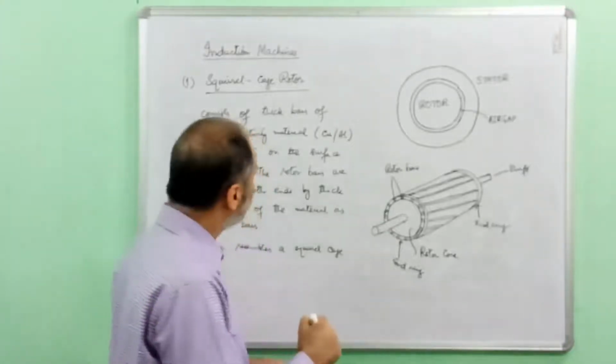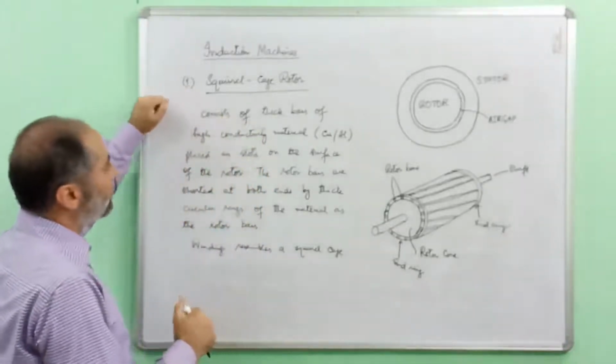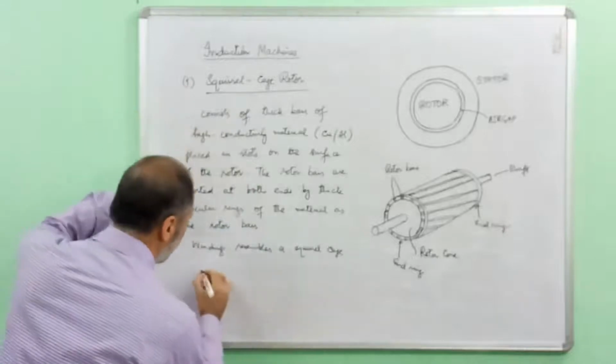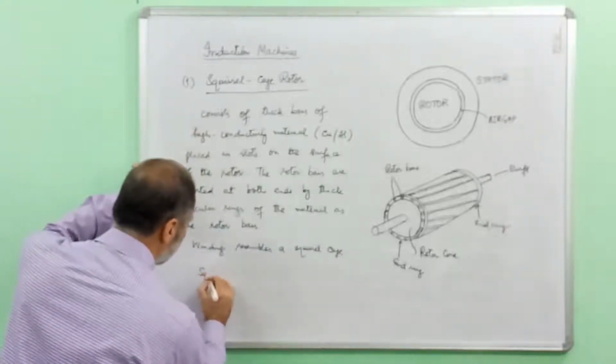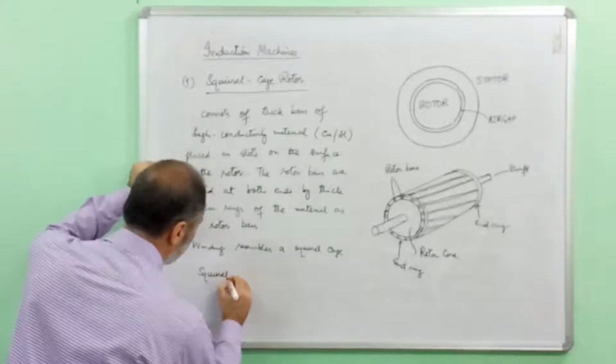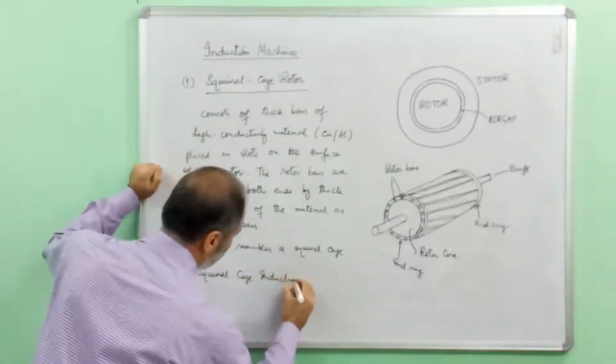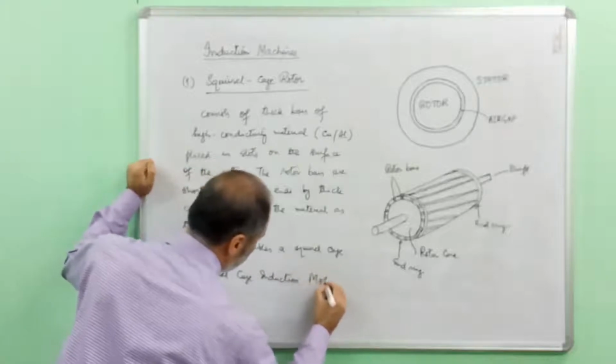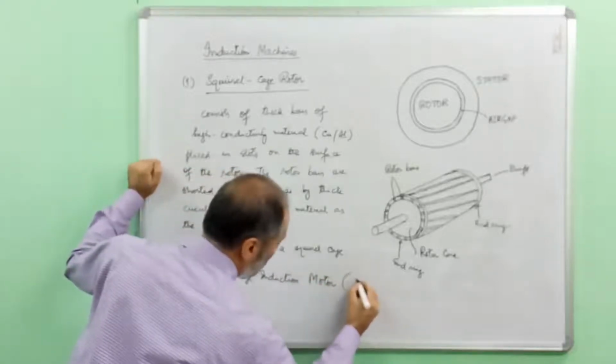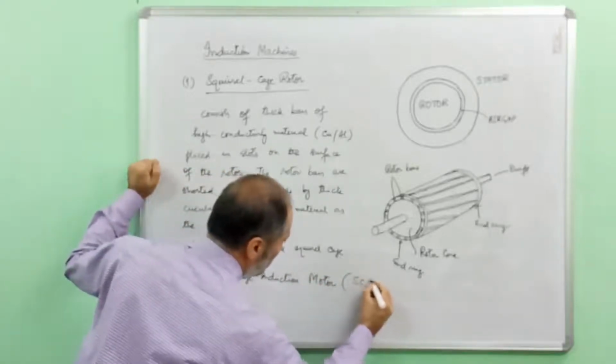And a motor which uses a squirrel cage rotor is known as a squirrel cage induction motor, abbreviated as SCIM.